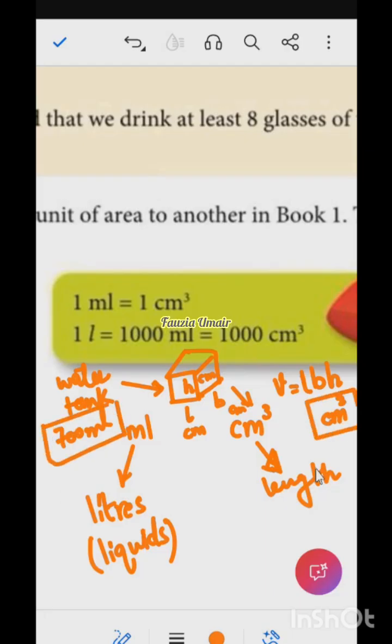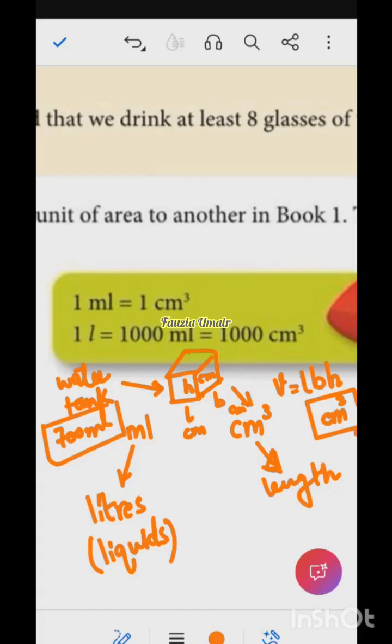So we have learned that although it looked like a centimeter is a unit of length, so probably it cannot be converted into milliliters because liter is a unit of measuring liquid in a container. But they are both related to each other because centimeter cube is basically the length, breadth, and height of that cube or cuboid, and this milliliter is basically the water inside it or the liquid inside the container.